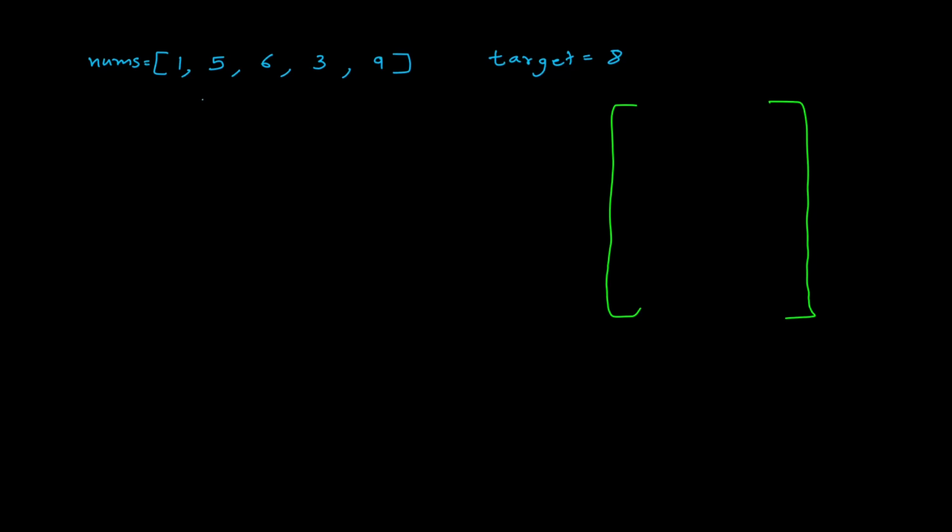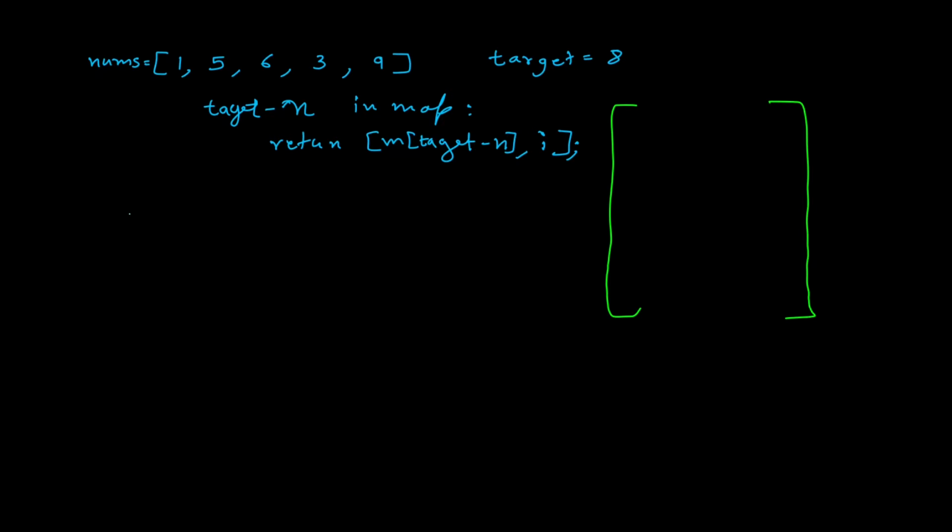We will use an if statement which will check if the target minus the current number, let's call it n, is available in the map already. If it is available in the map already, then we will simply return the address of that number, which is map[target - n], and the current index. Let's say it is i.